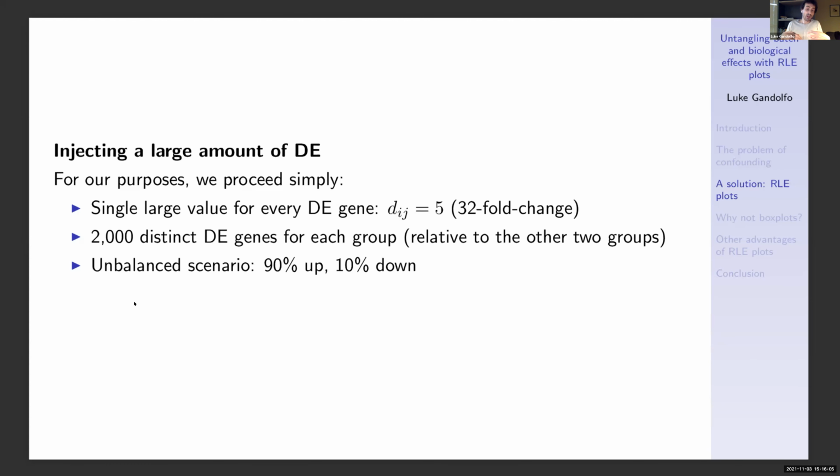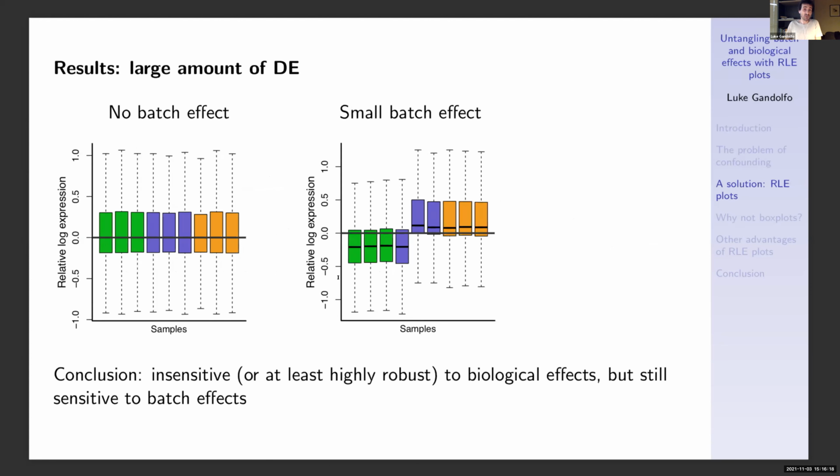And moreover, we're going to make things even more interesting by making the scenario unbalanced. We're going to make 90% of the genes be up and 10% be down. When we do this and there's no batch effect, the RLE plot looks as it should.